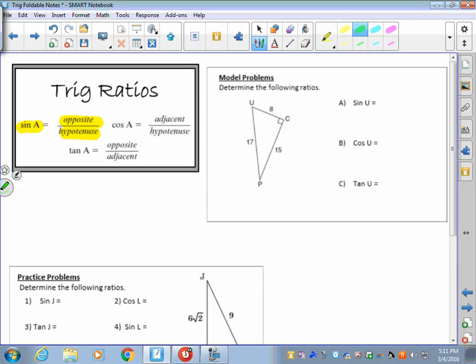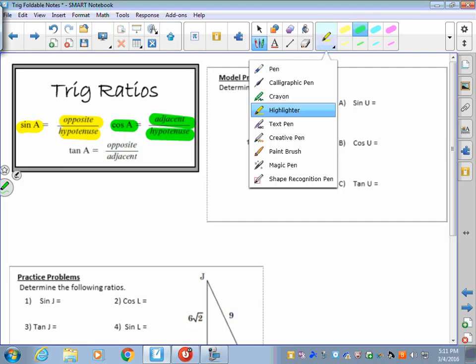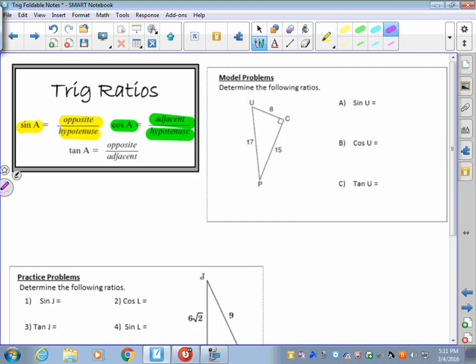Let's do cosine in green. That's going to be adjacent over hypotenuse. And then we have tangent, which is, I don't like that color either, sorry. Go blue. Our tangent will be opposite over adjacent.